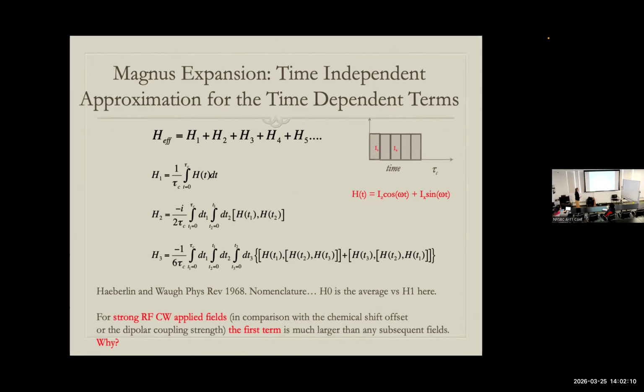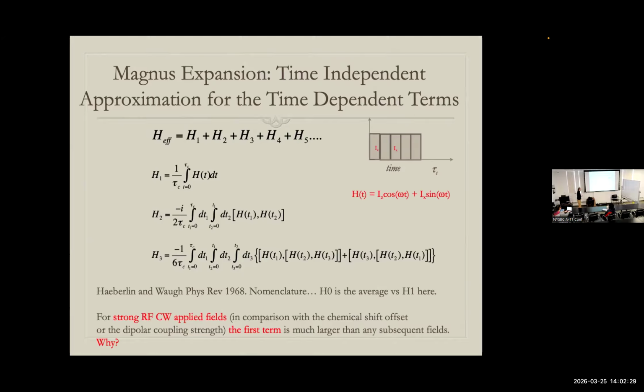This was used for NMR, I believe, first by Haeberlen and Waugh in 1968. And watch out because sometimes the nomenclature is different, where people call this H0 and this H1 and this H2, but I follow this convention, which is also elsewhere in the literature. This is the first order term. These are so-called higher order terms.